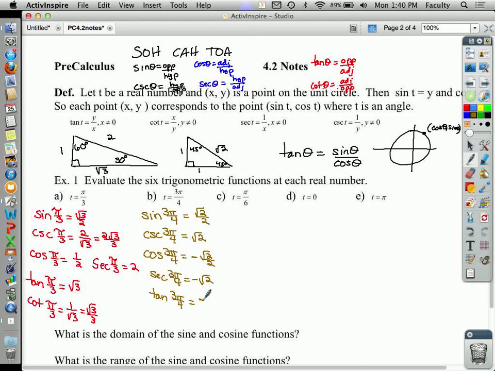Tangent is negative in the second quadrant, but if I do tangent of 45, it's 1 over 1. And then cotangent, if you take the reciprocal, it's the same. Okay? All right, try letter C on your own. I'm going to give you a head start, and then I'll fill it out in a moment. Either use your triangles or your unit circle. Your choice.